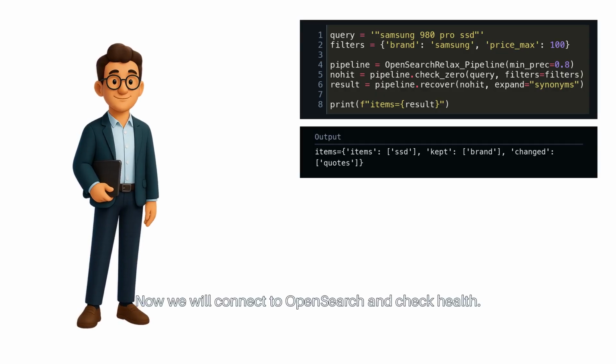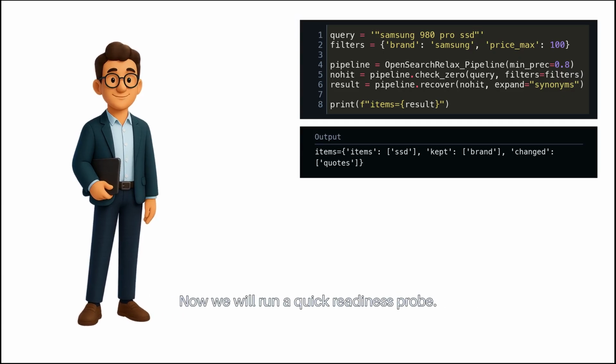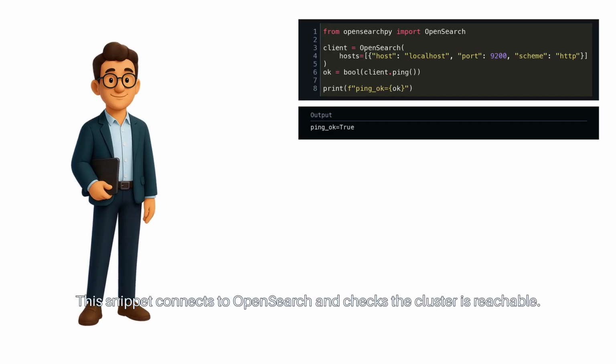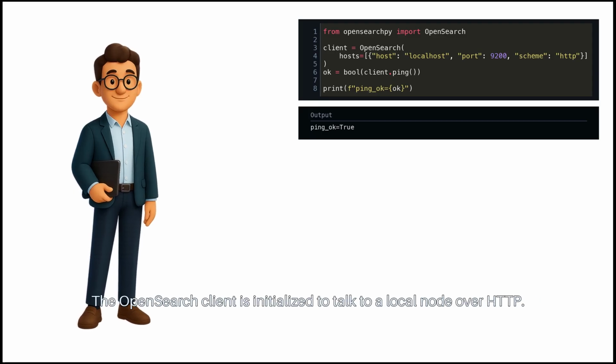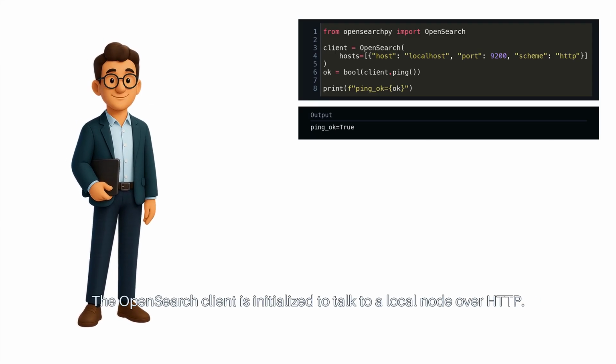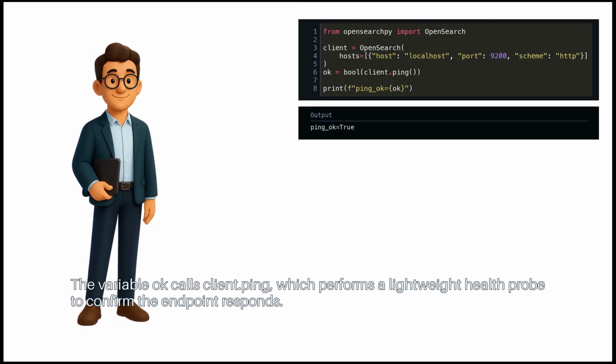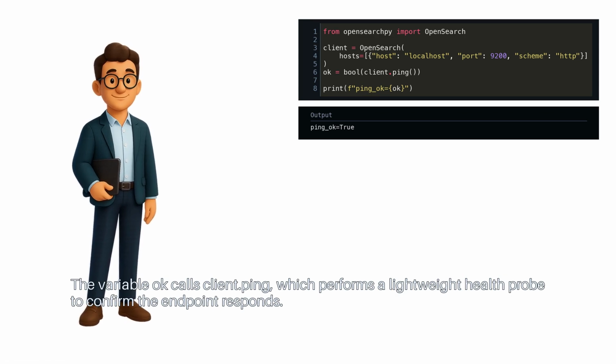Now we will connect to OpenSearch and check health. Now we will run a quick readiness probe. This snippet connects to OpenSearch and checks the cluster is reachable. The OpenSearch client is initialized to talk to a local node over HTTP. The variable OK calls client.ping, which performs a lightweight health probe to confirm the endpoint responds.